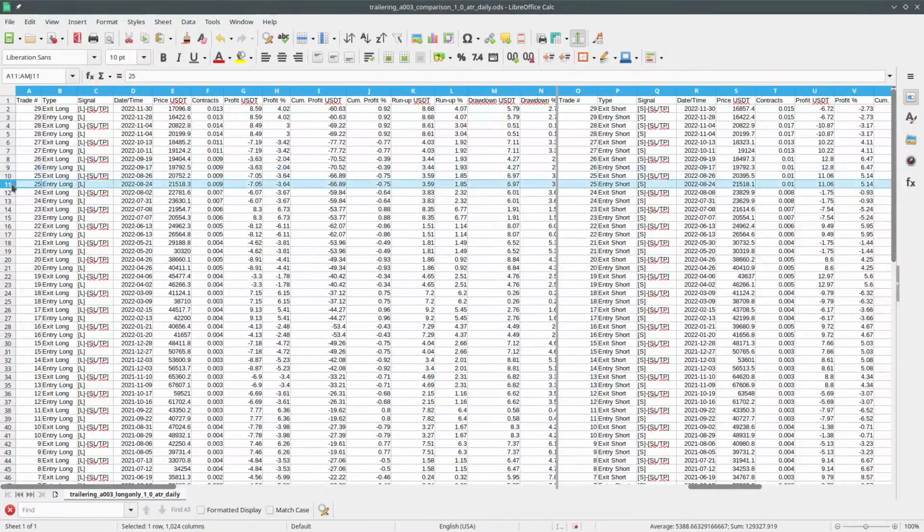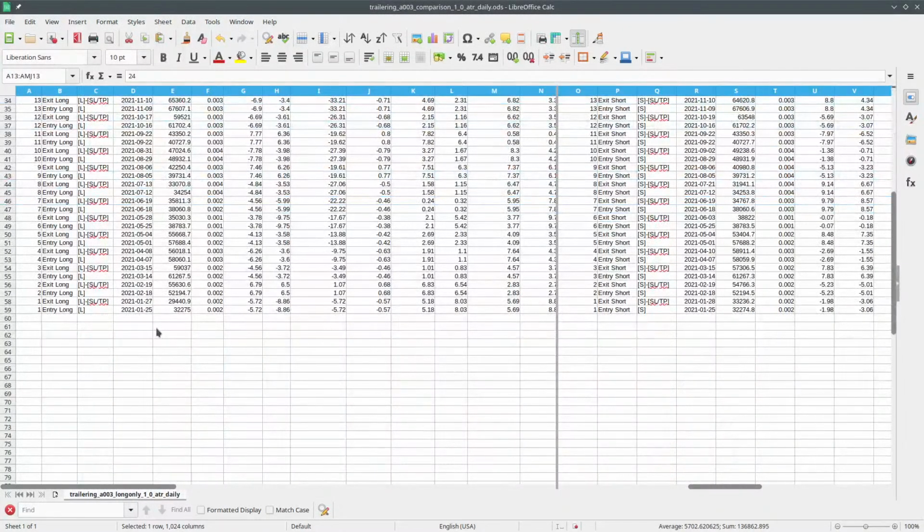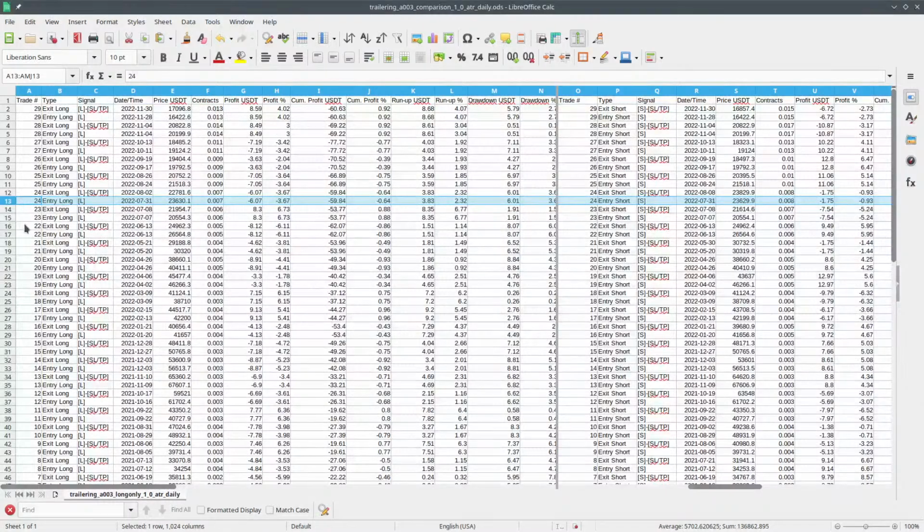So 17, 24, 31. Yeah, so I guess that everything is okay because we have the same number of trades in every place. So 7. Yeah, the problem here is that we don't know when the stop loss is reached.